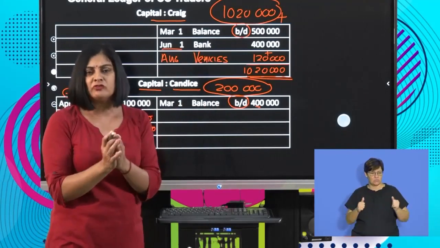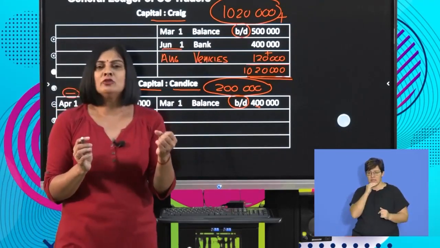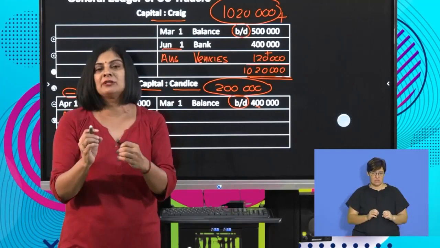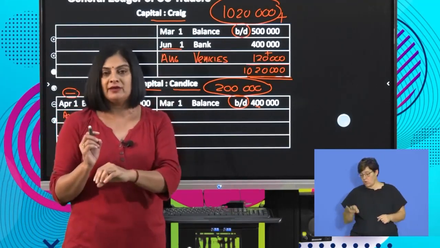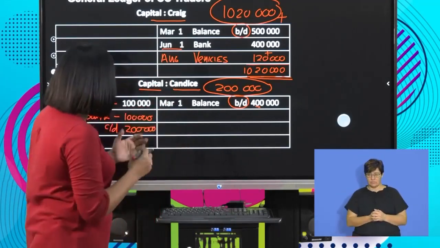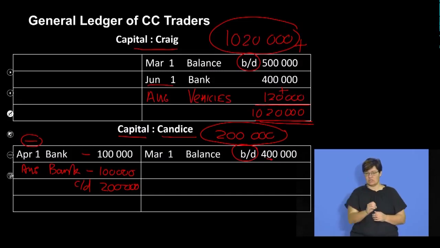As an accounting student, I would recommend you calculate the percentage of capital contributed by Craig. So let's look at the percentage of capital contributed by him. Your total capital contributed by Candace and Craig, the total is obviously 1,220,000.